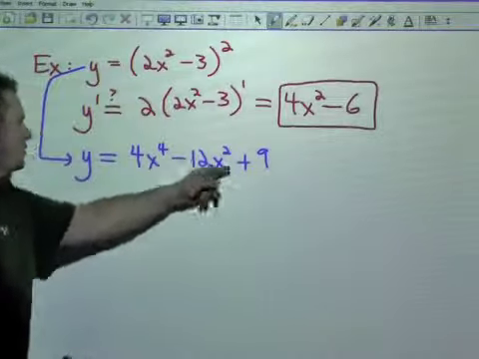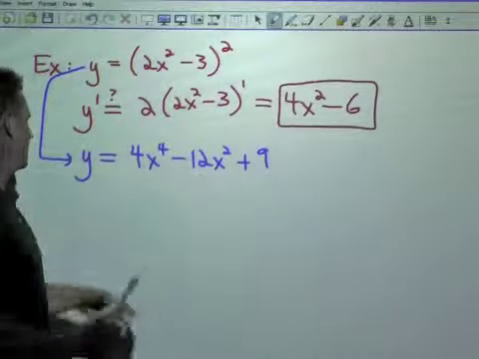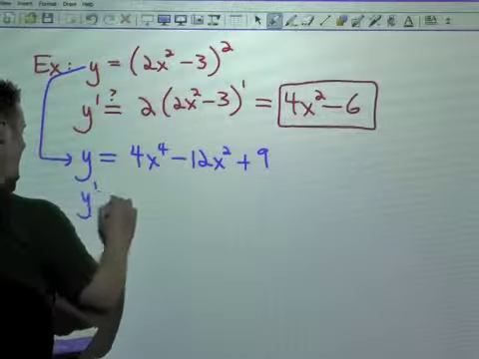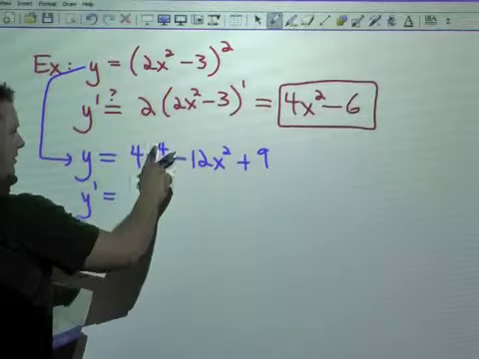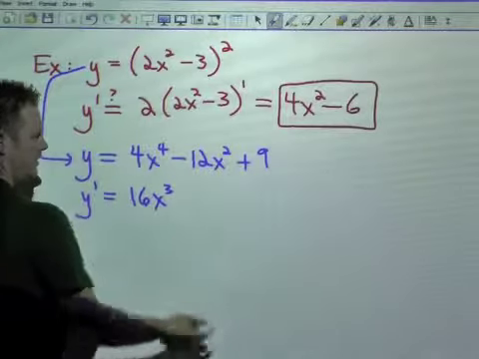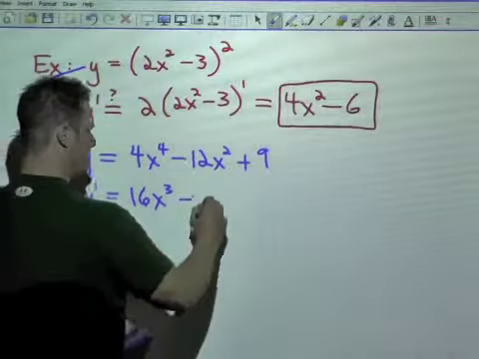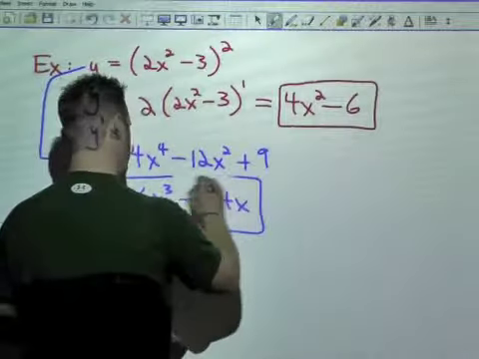Okay, so this is the answer you would get if you took this times itself. Now, the reason I'm doing that here is that I know how to take the derivative of that. That's just a polynomial. So the correct answer would be the derivative of this term, 16x cubed, and the derivative of this term, 24x. So I know that is the right answer.